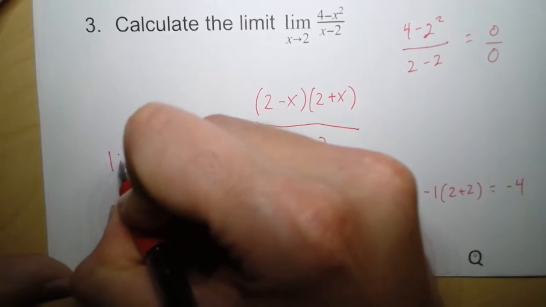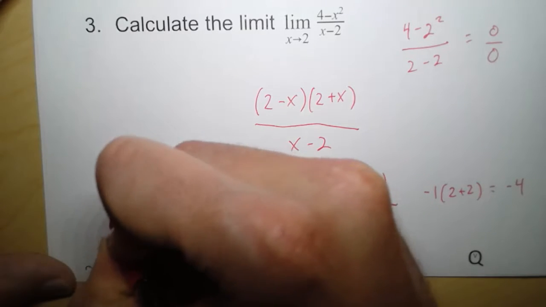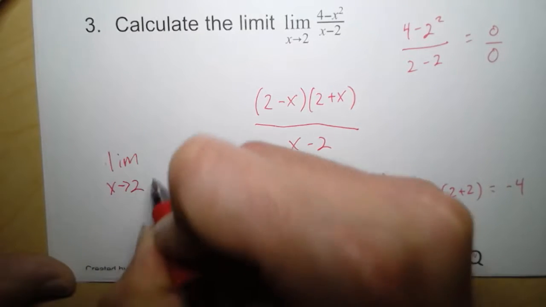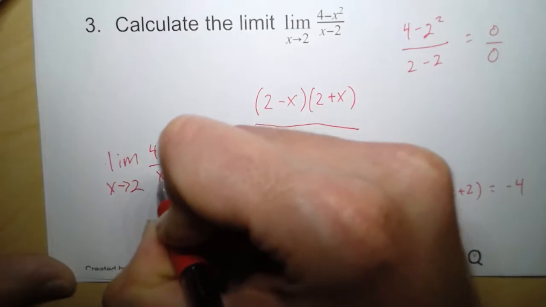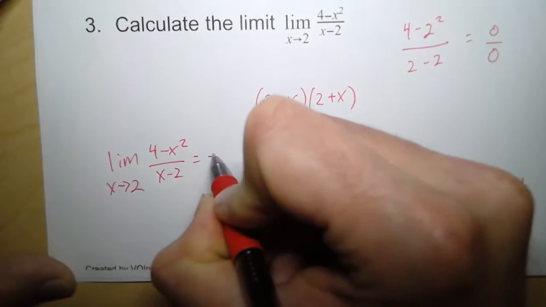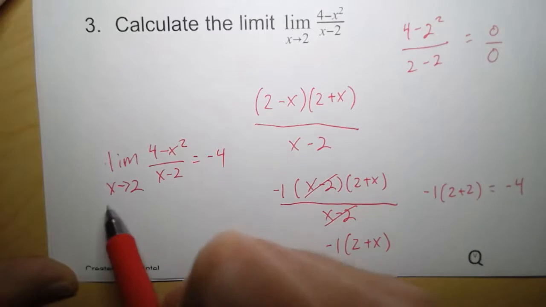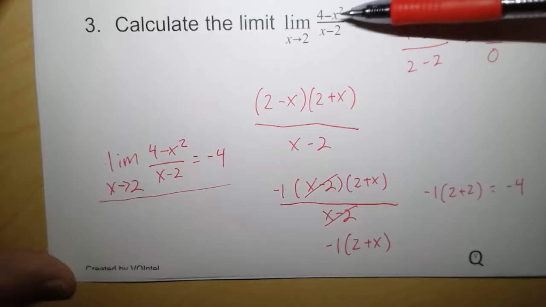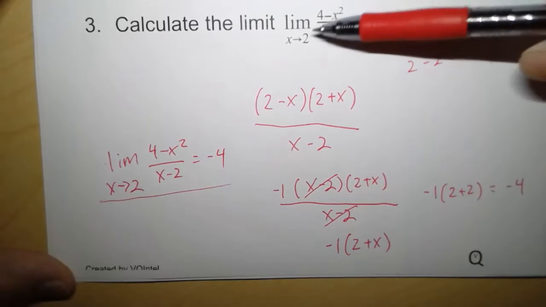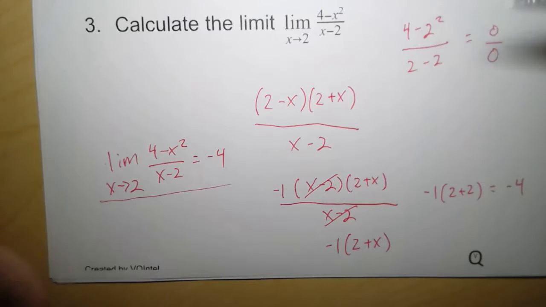The limit as x approaches 2 of 4 minus x squared over x minus 2 is equal to -4. And so what we're looking for is, how can we algebraically simplify this so that we can plug in the value we want?